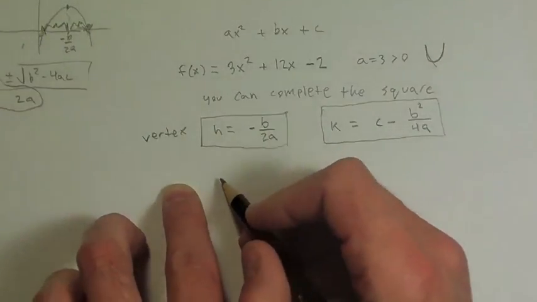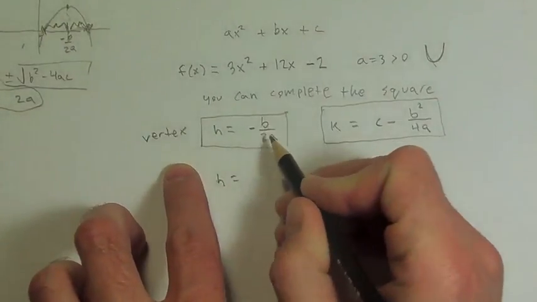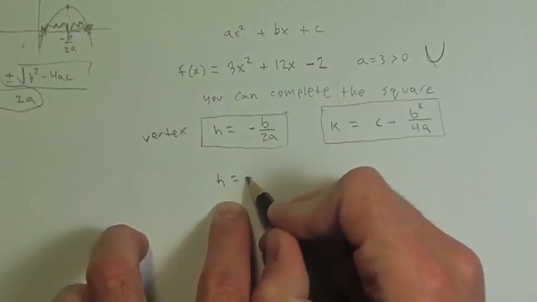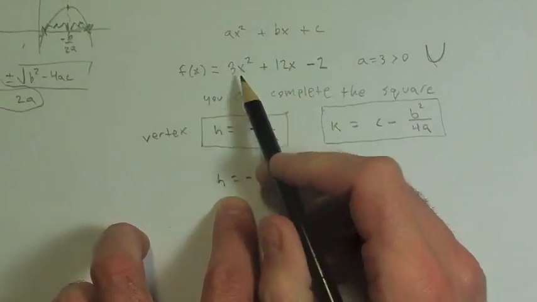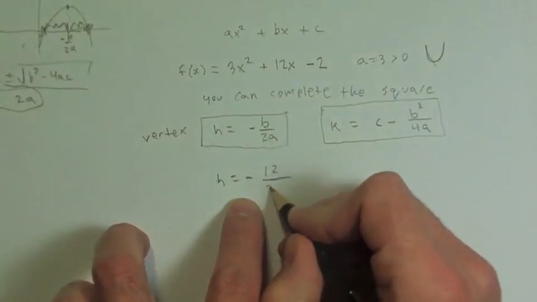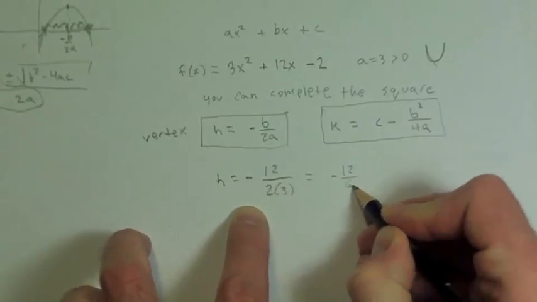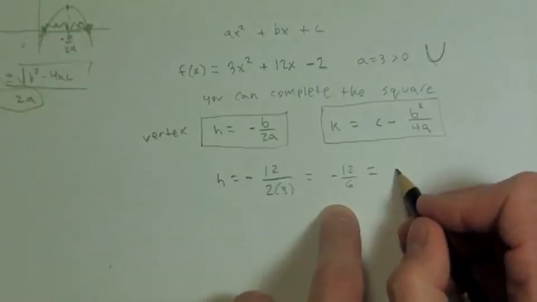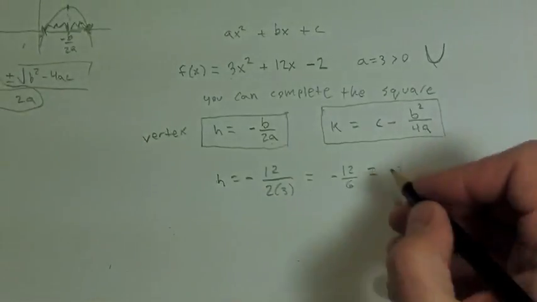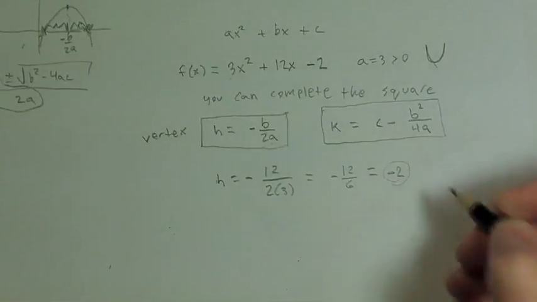Let's go ahead and find our h. Our h is negative b over 2a, so b is 12, and 2a is going to be 2 times 3, which is 6, so we get negative 12 over 6, which is going to be a negative 2.